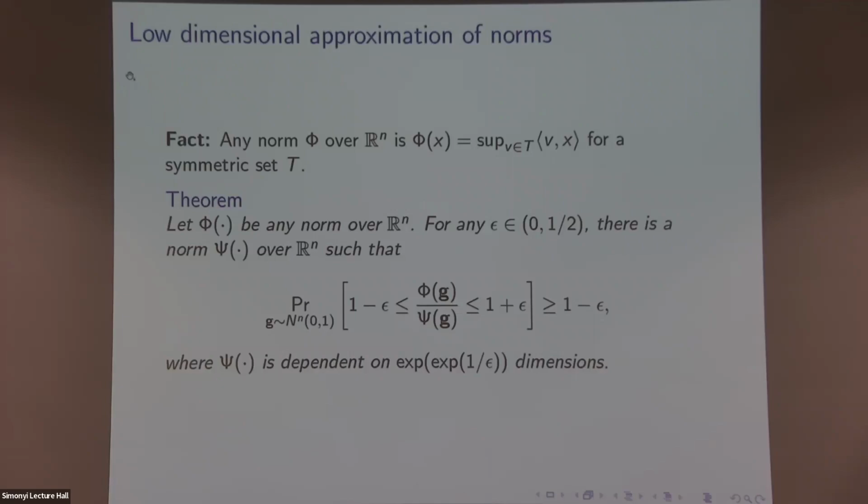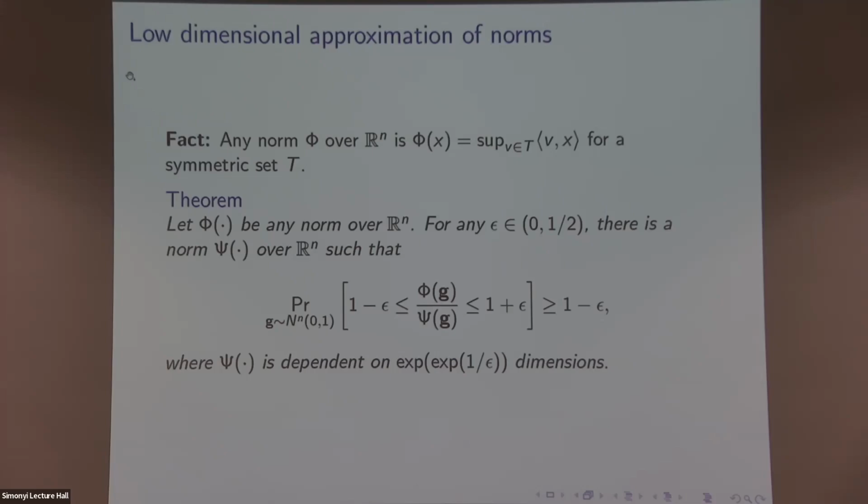Well, that was actually the only application I listed, but I can give you one application which I haven't listed, which was actually the starting point of this project. If you take any polytope over R to the n, which has constant geometric width, meaning all the separating hyperplanes are at constant distance away from the center, then using this theorem plus a little more, you can show that it can be approximated by a constant dimensional polytope.